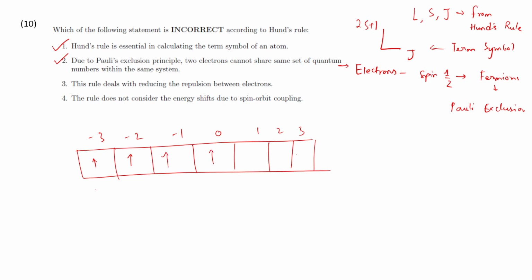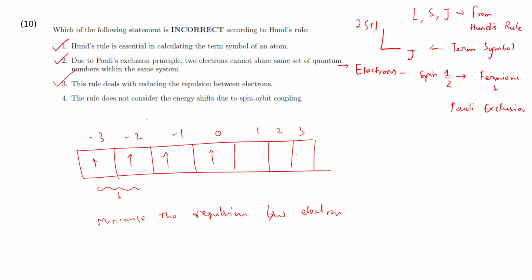Why does it get filled in different orbitals? It is just to minimize the repulsion between electrons. So that is why this statement is also true.